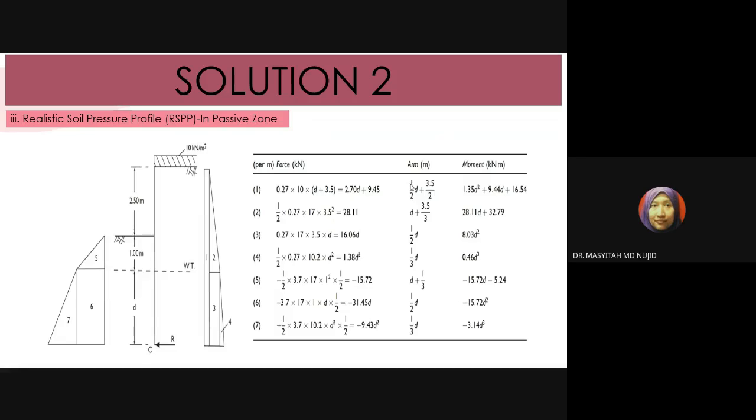And then the arm is the perpendicular distance where the force acts from point C. That's why here we have half D plus 3.5 over 2. What is the moment? Moment is the force times the arm. So look closely at how to get the force and arm. Similarly, calculate the moment for all pressure diagrams from 1 to 7.